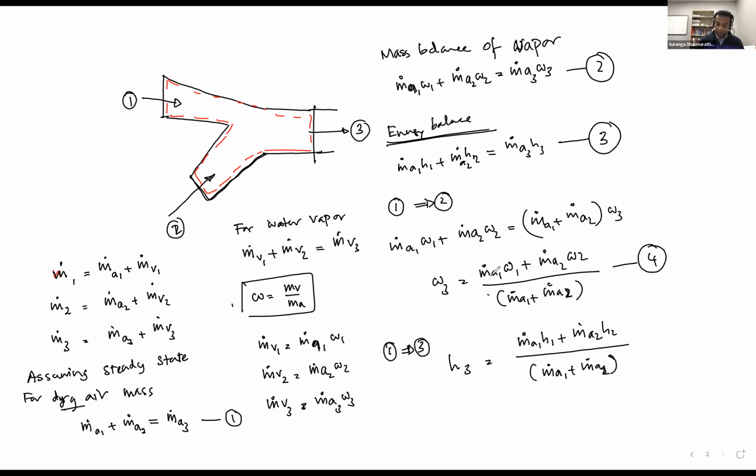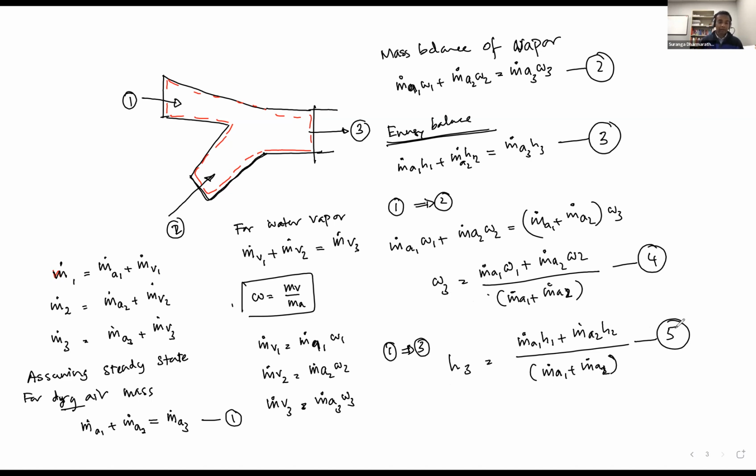All I need is m dot a1, m dot a2, omega 1, omega 2 to find omega 3, and then m dot a1, m dot a2, h1, h2 to find h3. So if I find m dot a1 and m dot a2 as well as omega 1 and omega 2, the first two questions are solved.